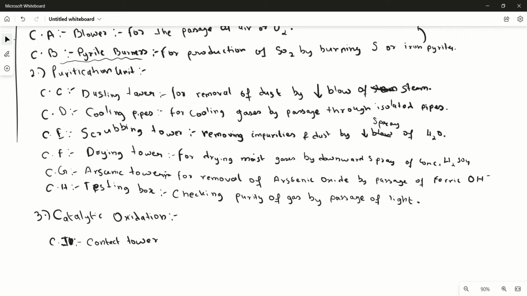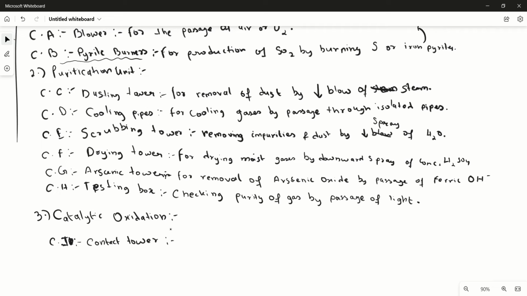Chamber A, blower, chamber B, pyrite burners, chamber C, dusting tower, chamber D, cooling pipe, chamber E, scrubbing tower, chamber F, drying tower, chamber G, arsenic tower, chamber H, testing box. Then there's the catalytic oxidation, chamber I, the contact tower. They might just ask you the name of it, the function. If you can remember, that's great. They probably won't ask you. I think they'll only ask you for the reactions, like the production of SO2, maybe the arsenic purifier, maybe even the drying tower. They'll definitely ask you catalytic oxidation, the absorption of SO3 and the dilution of oleum. We'll get to what they are in just a minute.